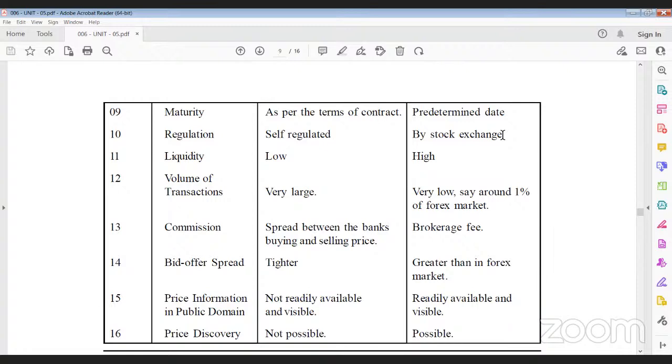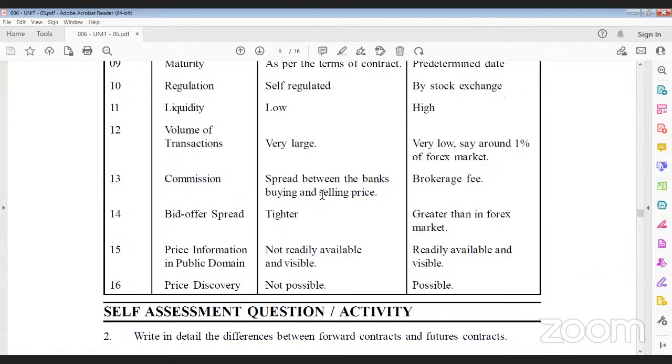Liquidity is quite low in case of forward, whereas in future, it is very high. Volume of transaction is very large in forward, whereas in the standardized future, it is very low. It is just 1% of the forex markets.